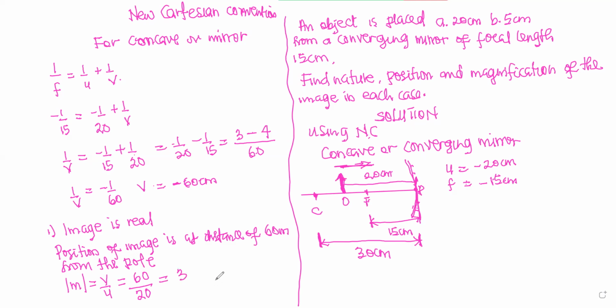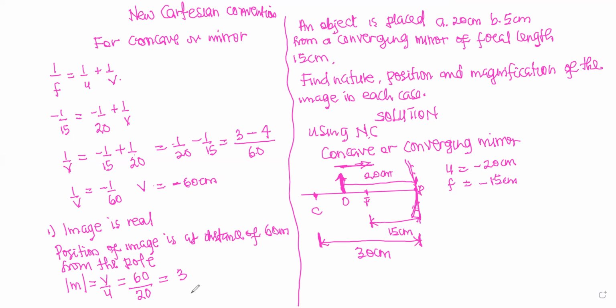Now, if magnification is equal to 3, what does it mean, class? If magnification is equal to 3, what interpretation can you draw from this? Anybody?